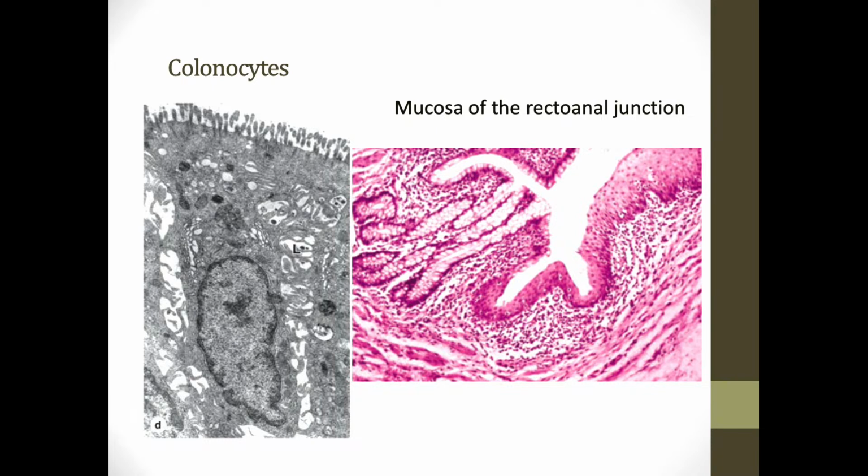Usually the fluid absorptive cells have such spaces inside the cytoplasm. Yes, a few microvilli, then these spaces, and mitochondria. So this is the typical fluid absorptive colonocyte.